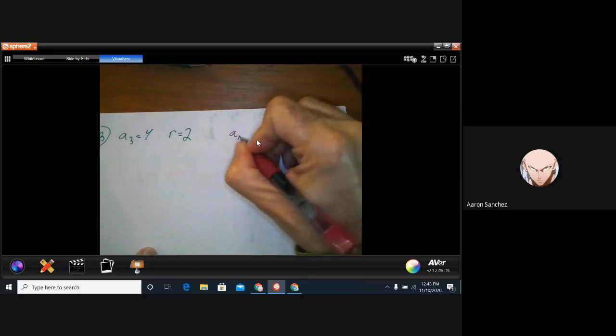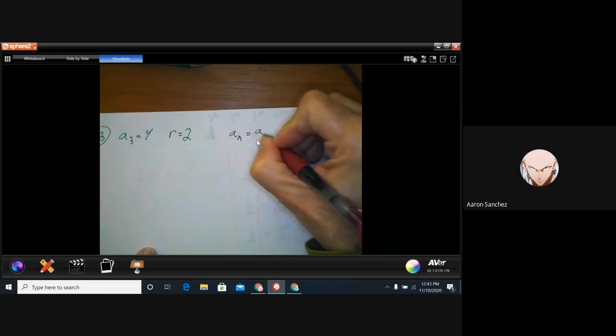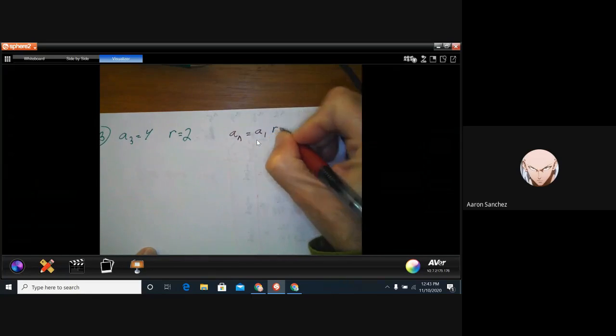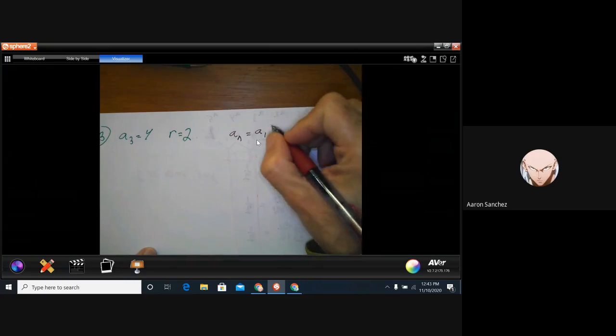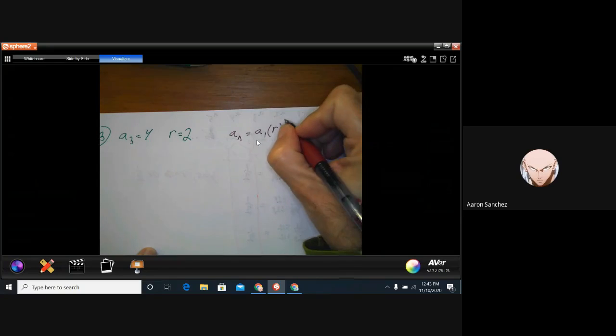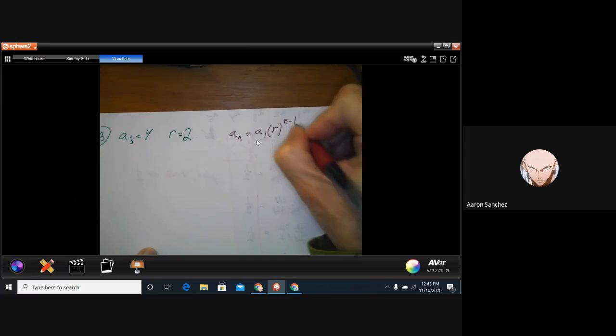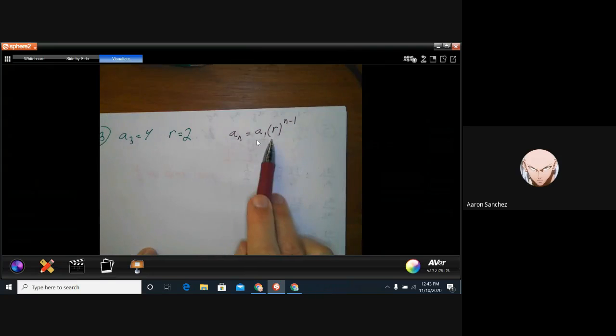Our equation is a to the n equals the first term times the ratio raised to the n minus 1. So I got the ratio. I just have to figure out the first term. Here's how you figure out the first term.